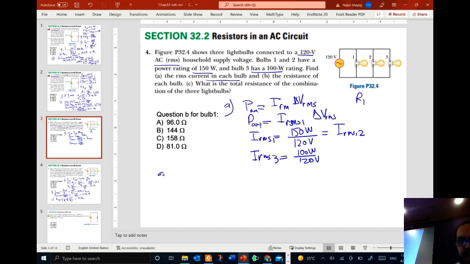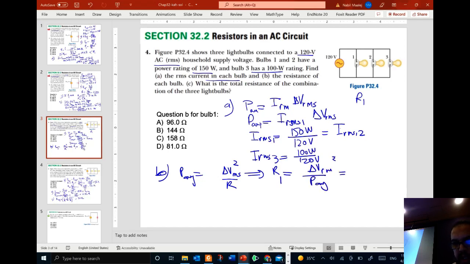This is the resistance, part B. Now we can use the same thing. We can say P average is equal to delta V RMS squared over R, and we are given delta V RMS, so R is going to be equal to delta V RMS squared divided by the average power.